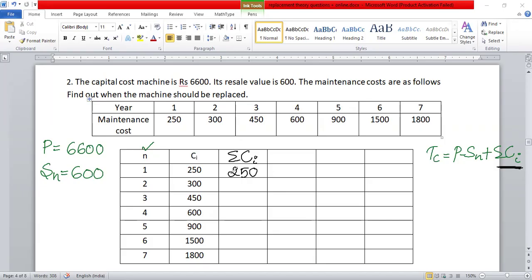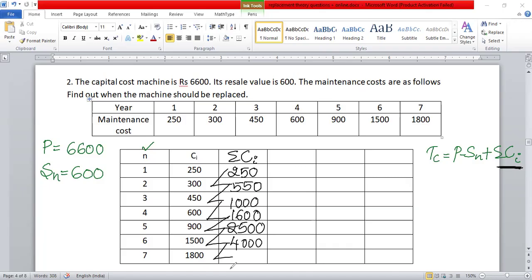First we are going to write 250 there. 250 plus 300, so 550. 550 plus 450, okay, 1,000. 1,000 plus 600, so 1,600, plus 900, so 2,500, plus 1,500, so 4,000, plus 1,800.